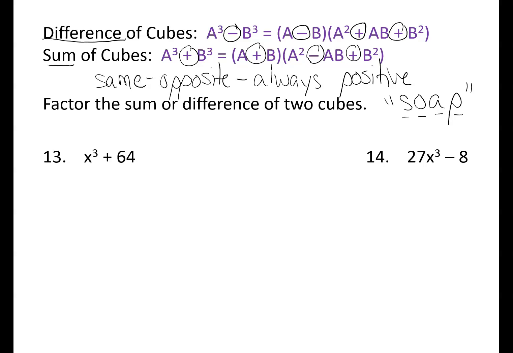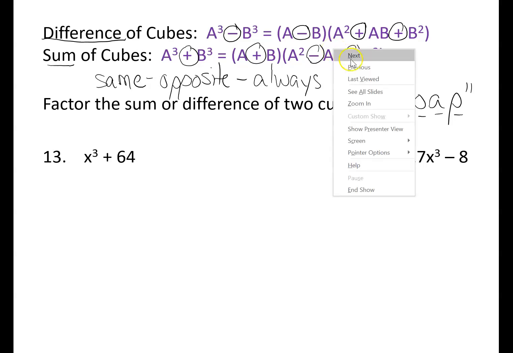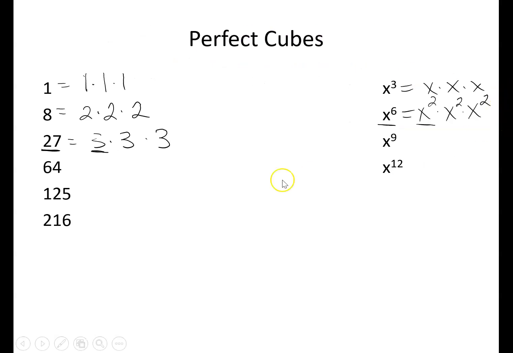is a perfect cube. So that short list that we had, let me go back to it real quick. 1, 8, 27, 64, 125, 216. I would memorize at least that many perfect cubes so that when you see these in a polynomial, you recognize them as perfect cubes.